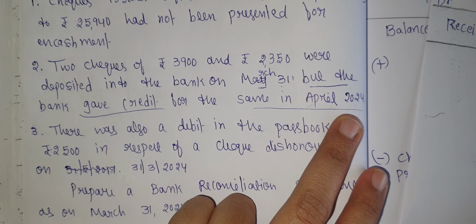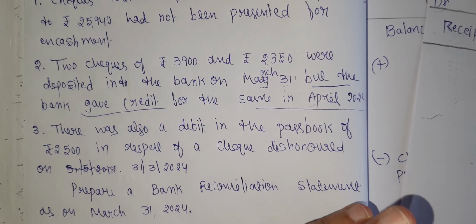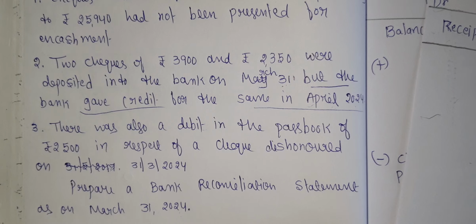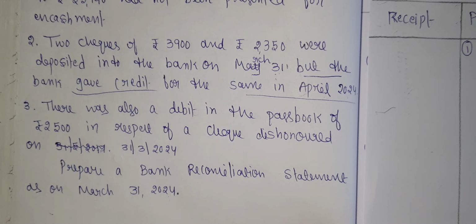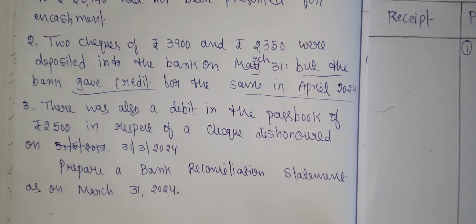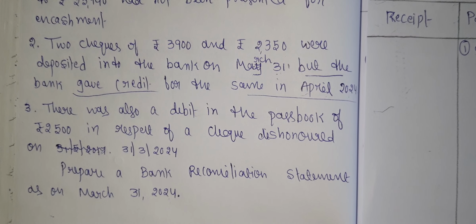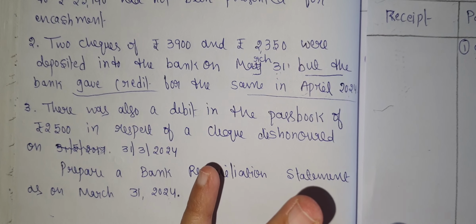Means what I said, here we are preparing the bank reconciliation statement as on March 31st 2024. Means here we have to take into consideration only the transactions that were related to March 31st or before March 31st. And after March 31st, means from April onwards, we should not consider any transaction.